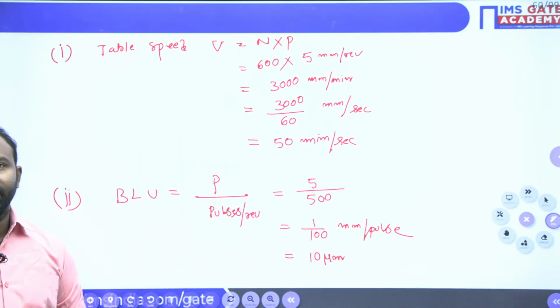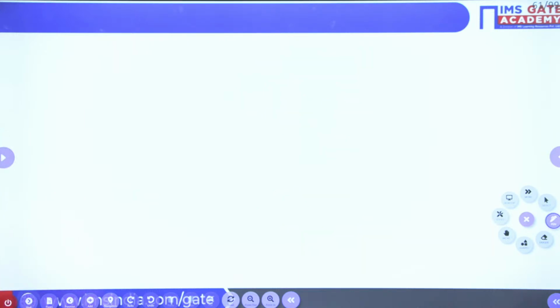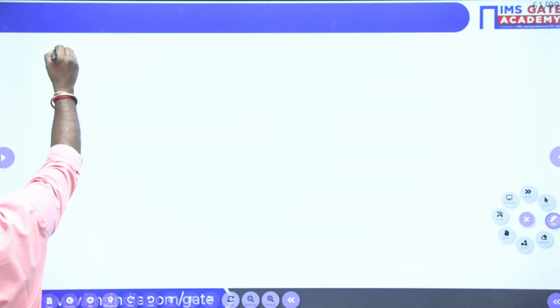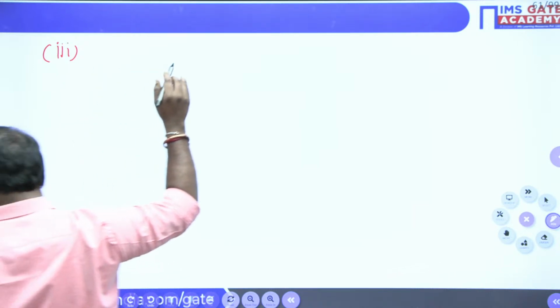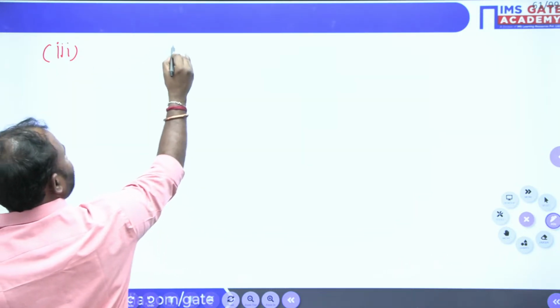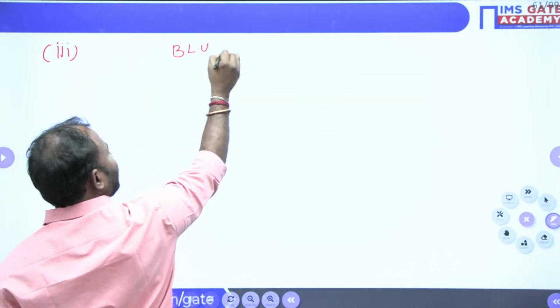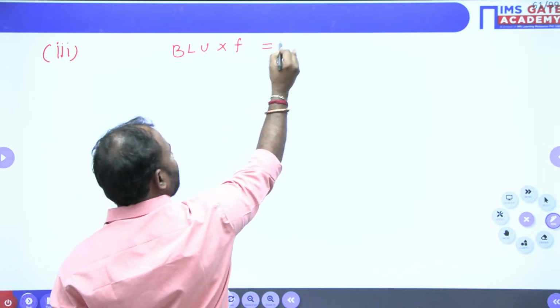Clear, everybody? Next, the third question is to find the frequency. Here we know the relation that basic length unit into frequency is equal to speed.